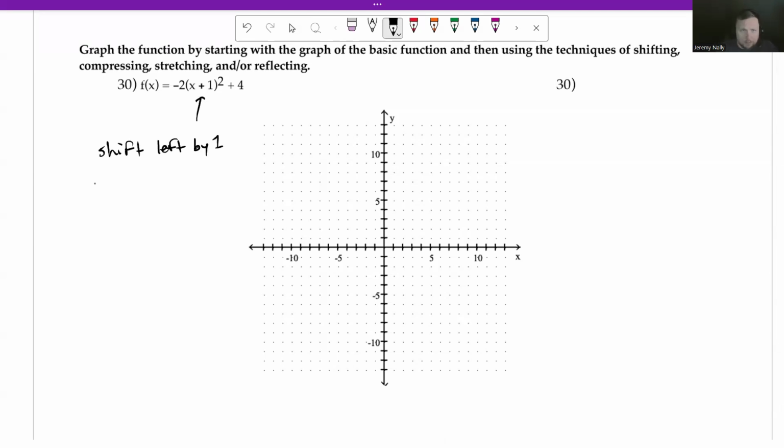Okay, and then the negative up front means reflect about the x-axis.